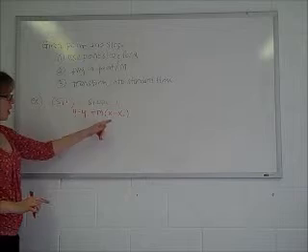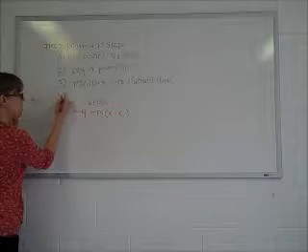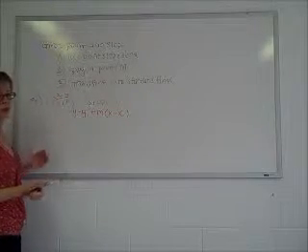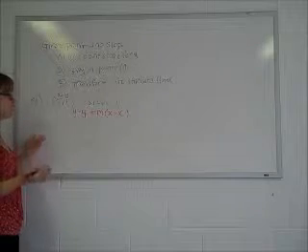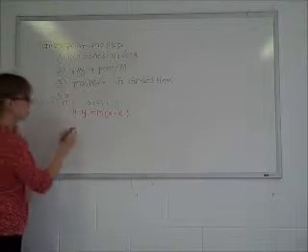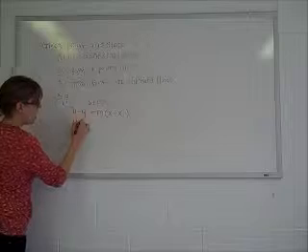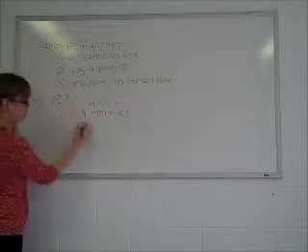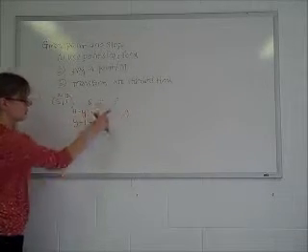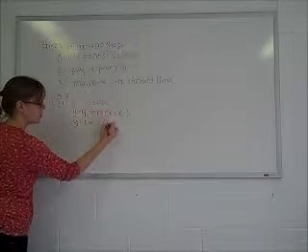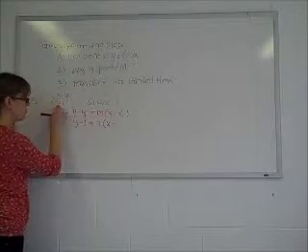The x1 and the y1 are the coordinates for our points. The ones don't matter, they're just subscripts. They're there to keep us a little bit organized. So y minus our y1 value, which is 1, equals, our slope is 2, parentheses, x minus our x1 value, which is 5.